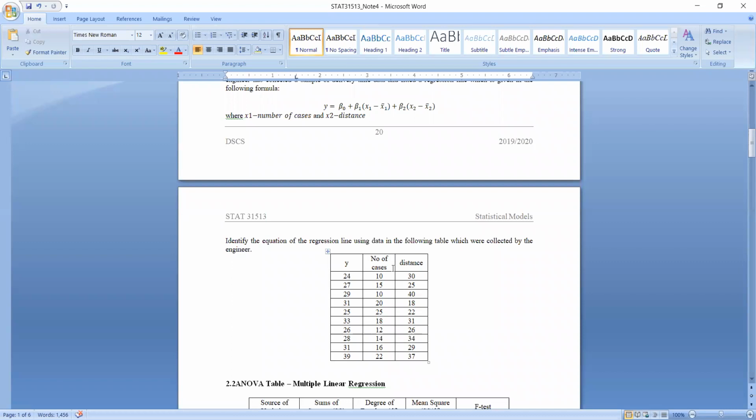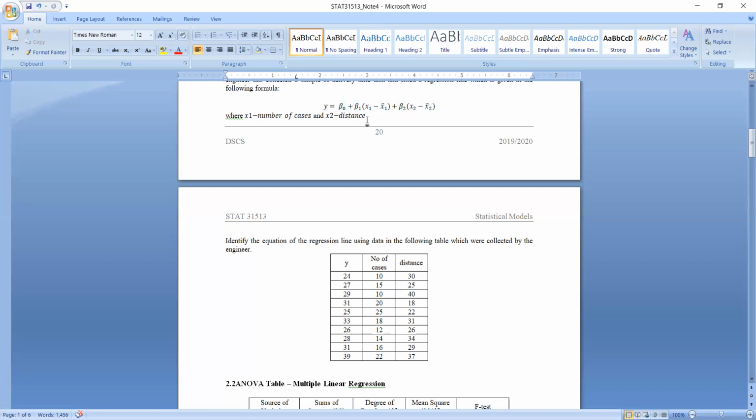And then in this case, if you look at the formula, y depends on beta naught plus beta 1 times (x1 minus x1 bar) plus beta 2 times (x2 minus x2 bar). Now you can see it's not the same equation that we have been using. Here you have the centered form, right?